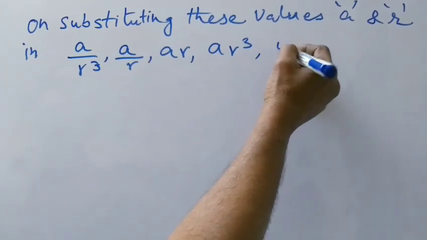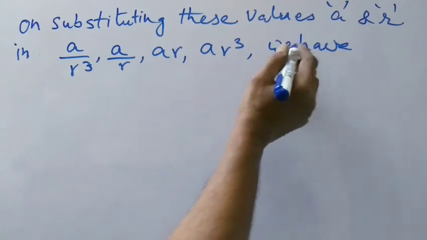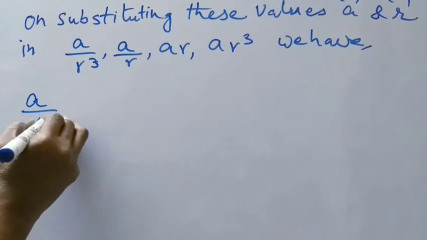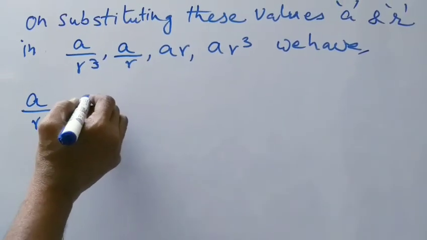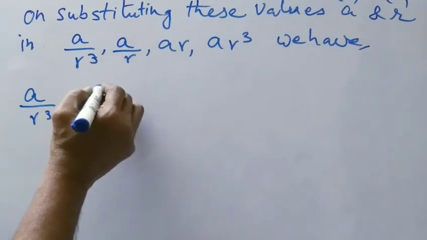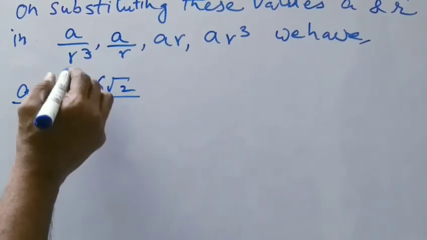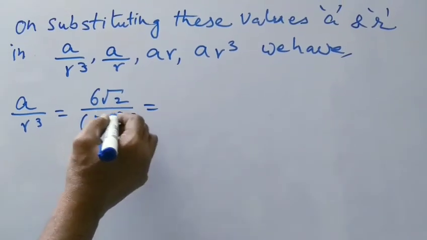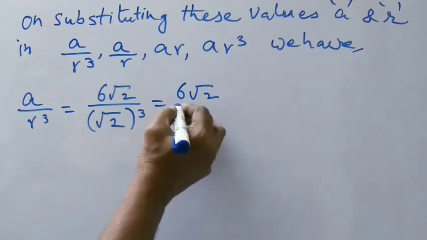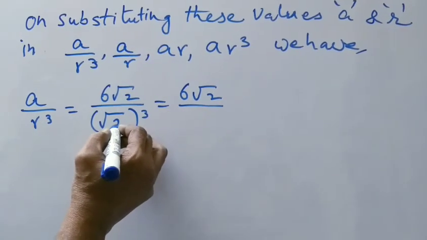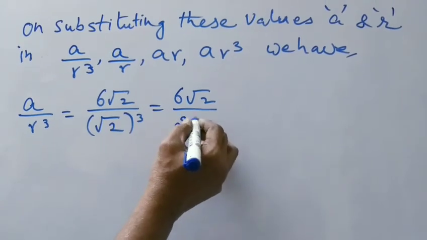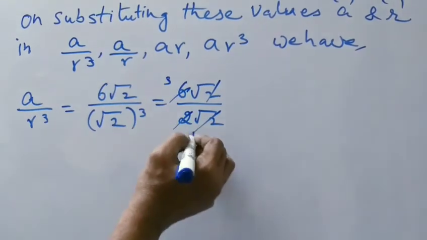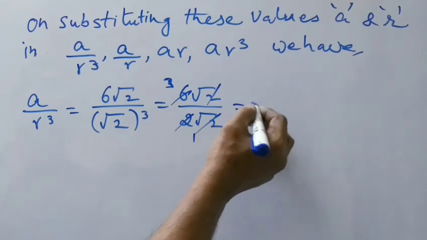We have a/r³ is equal to, a value is 6 root 2 divided by r³, (root 2)³. This becomes 6 root 2 by (root 2)³, which becomes 2 into root 2. Root 2 cancelled, 2 threes are 6, is equal to 3.